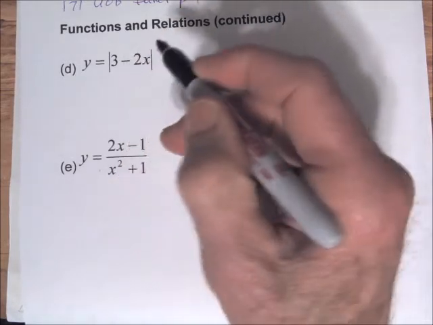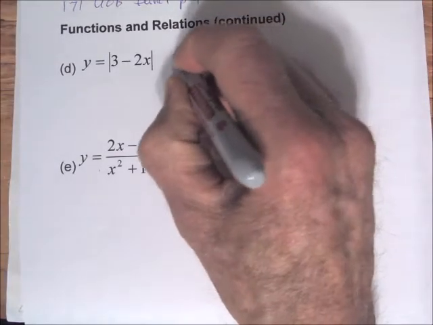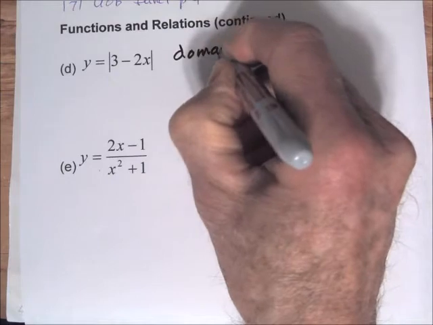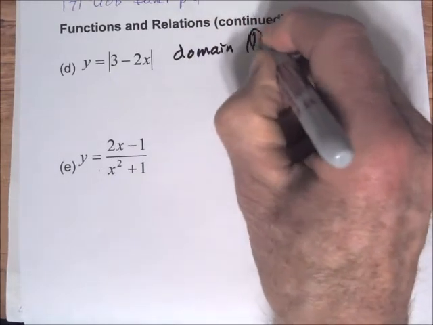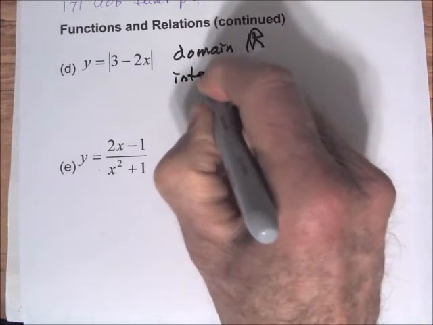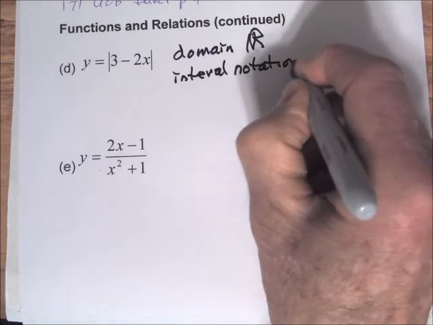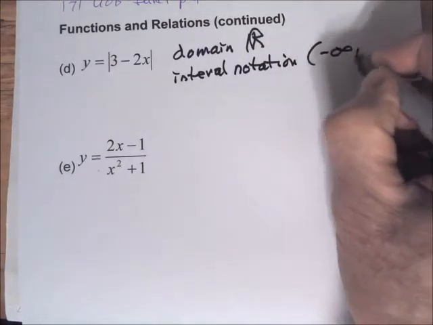Absolute value of a real number is a real number. So the domain is sometimes expressed with the script R to indicate all real numbers, or in interval notation it would be round brackets, minus infinity to infinity.